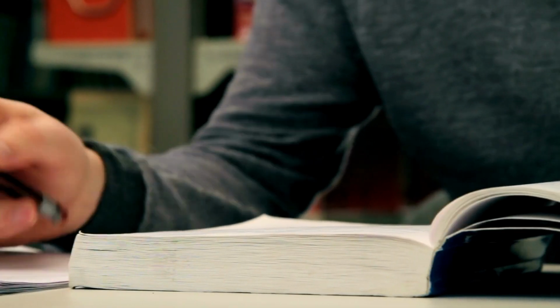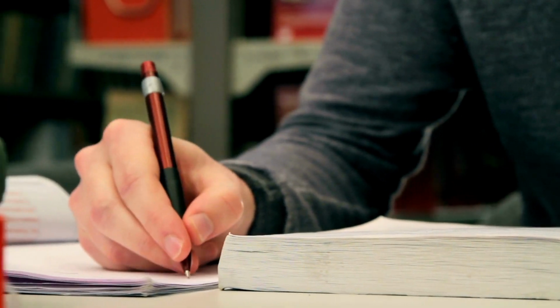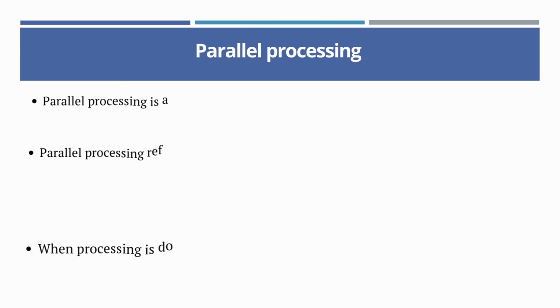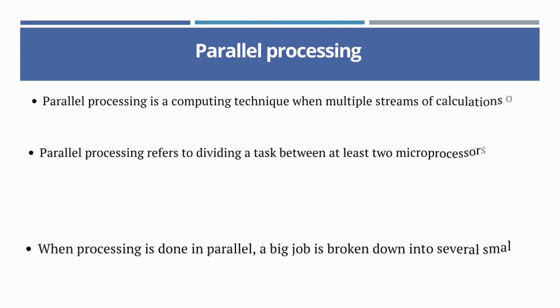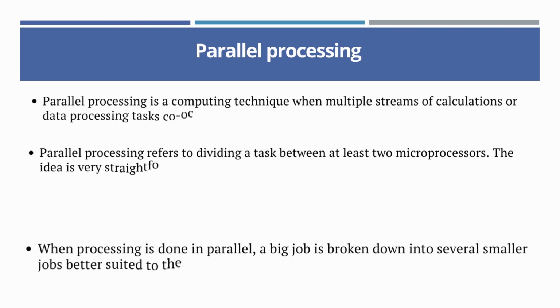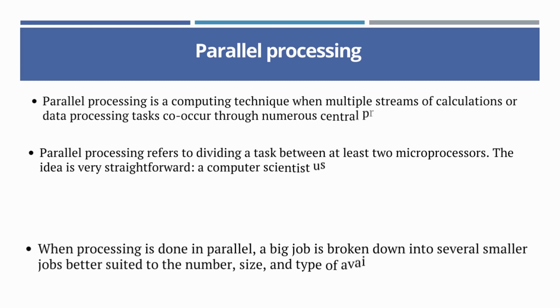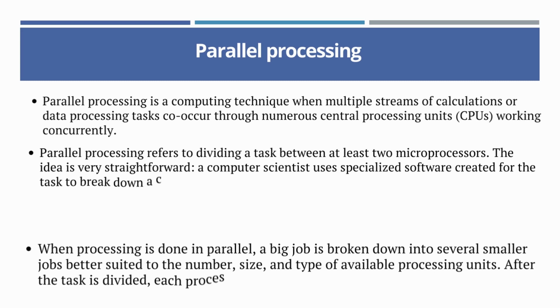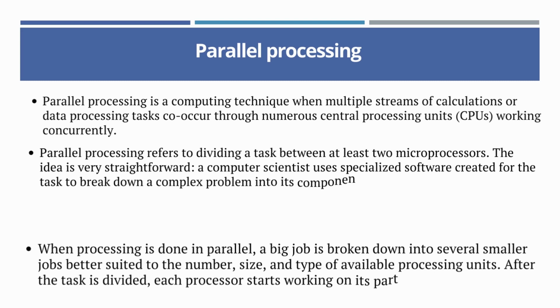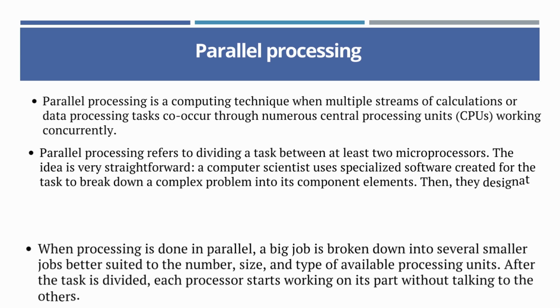So let us see what parallel processing is. Parallel processing is a computing technique where multiple streams of calculation or data processing tasks co-occur through numerous central processing units working concurrently. Parallel processing generally means that you divide a task between at least two microprocessors, and the idea is very straightforward.